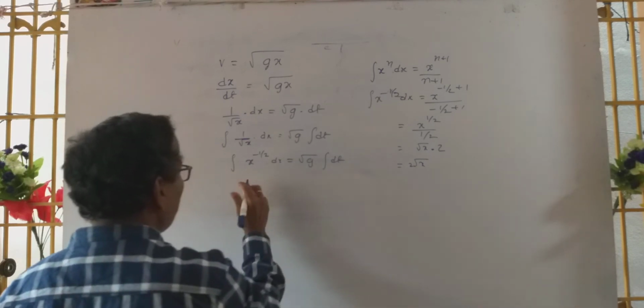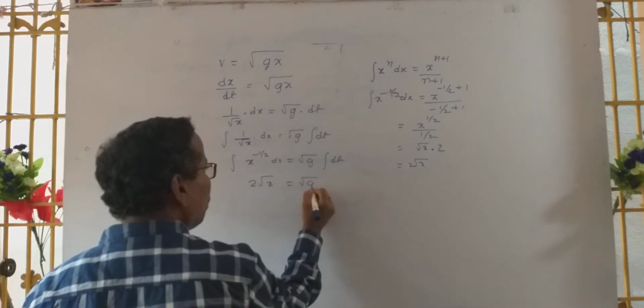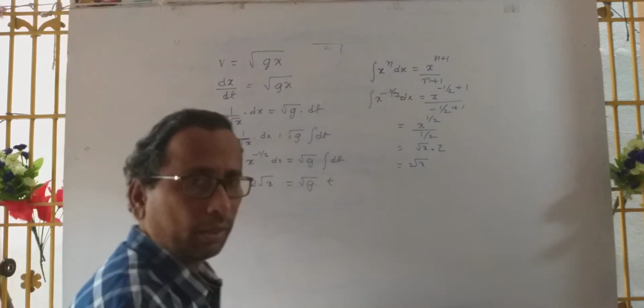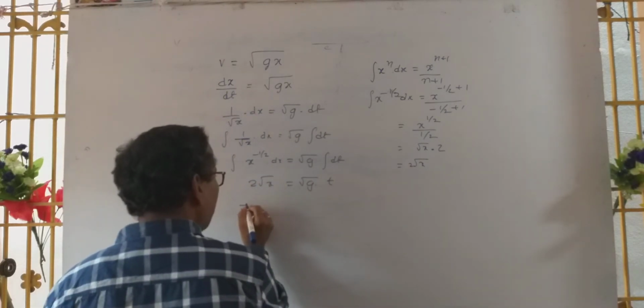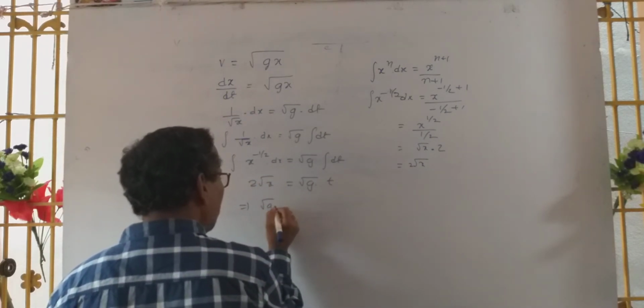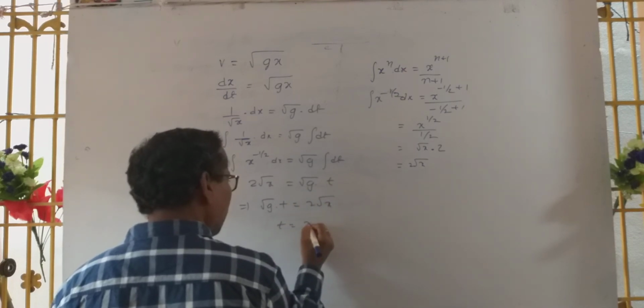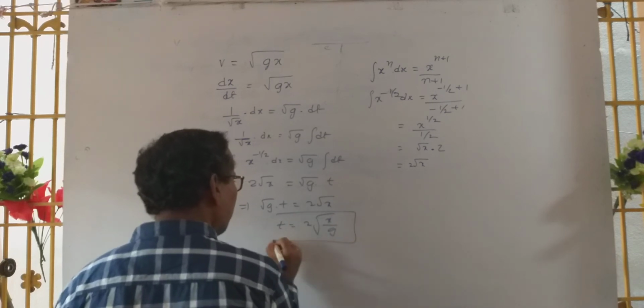Here you can write 2 root of x is equal to root g into integral dt, which is t. That's why t is equal to 2 root of x by g.